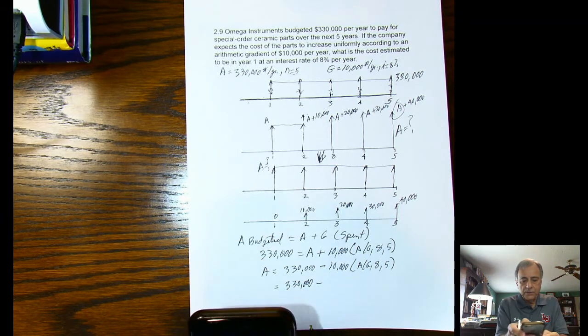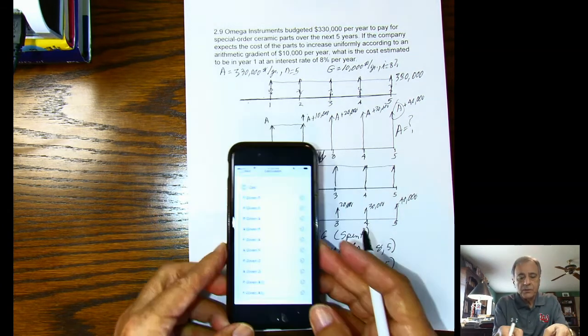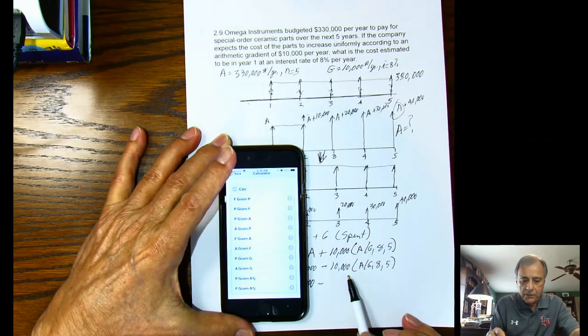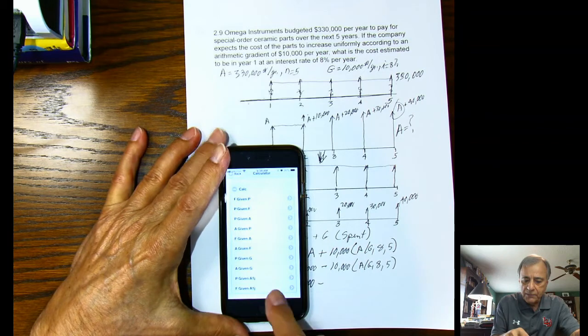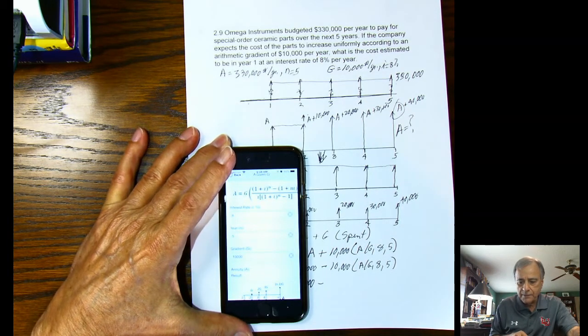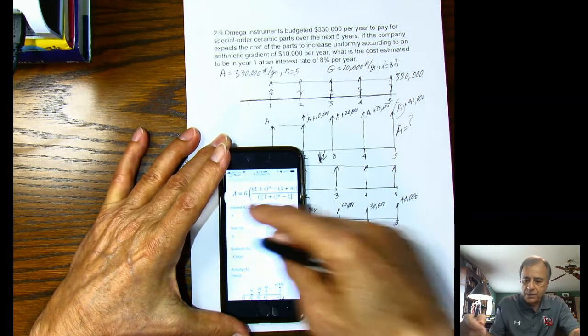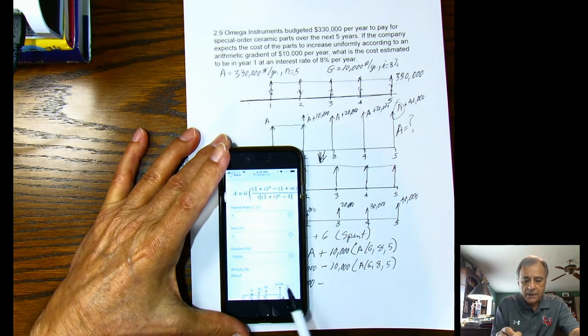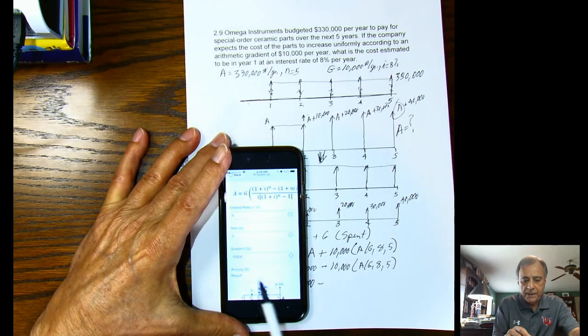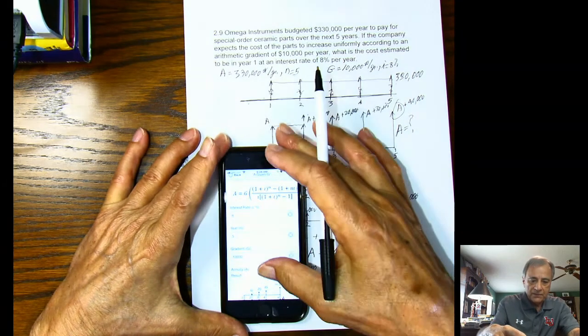So I go to the Engineering Economics Career app, and I want the uniform series equivalent of a gradient series, and that's this slot. The rate is 8%. I've already put that in. The year is 5. I put that in already. And finally, the gradient amount is 10,000, which I've also put in.